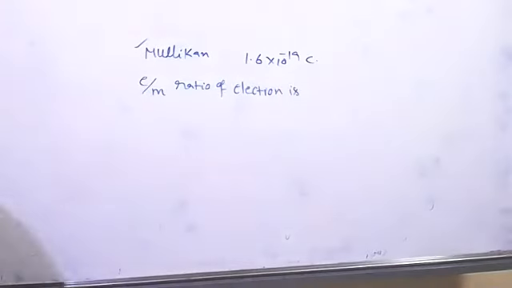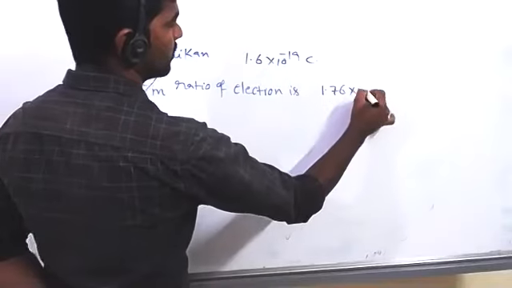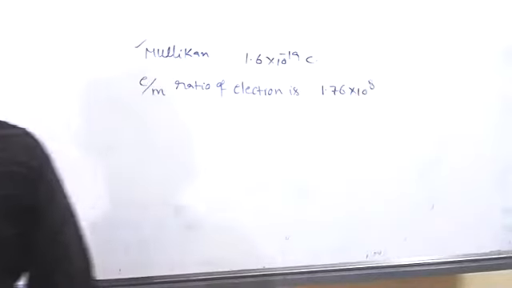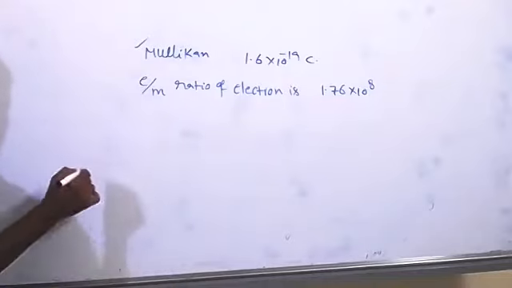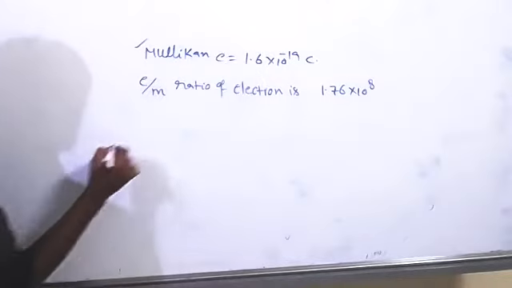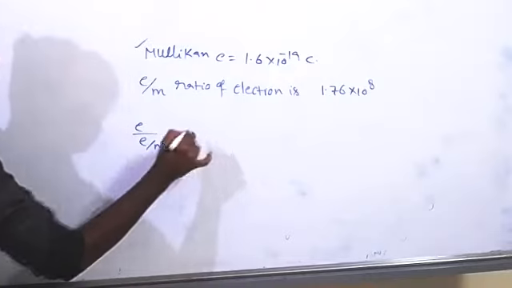note down, these values are useful. 1.76 × 10^8. This is the e/m ratio of electron. This is the charge. See, if you do e/m, it results in m only, no?